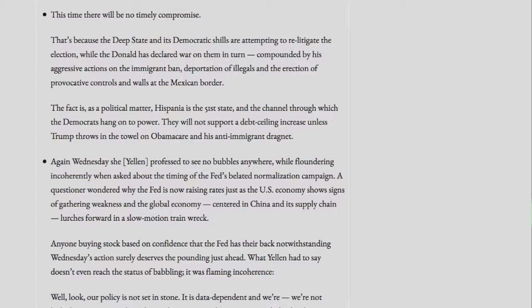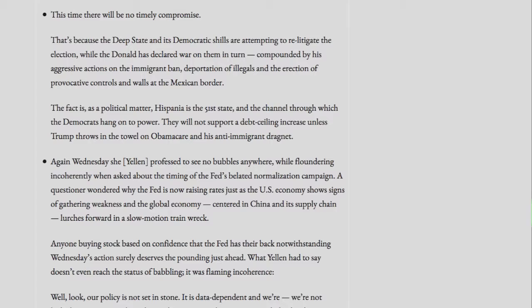Again Wednesday, she, meaning Yellen, professed to see no bubbles anywhere, while floundering incoherently when asked about the timing of the Fed's belated normalization campaign.